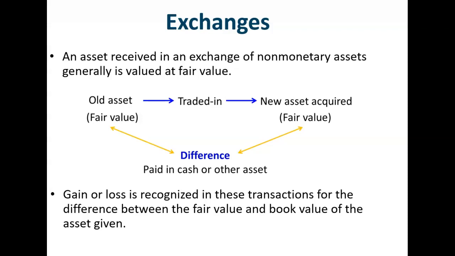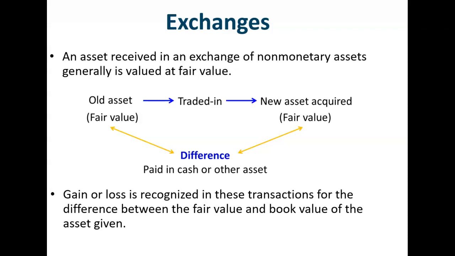Sometimes a company will acquire a new asset by giving up an existing asset. For example, a company might purchase a new delivery truck by trading in its old delivery truck. This is referred to as a non-monetary asset exchange.